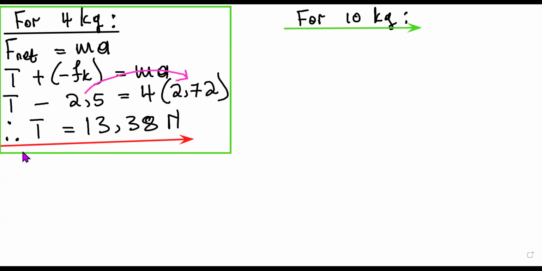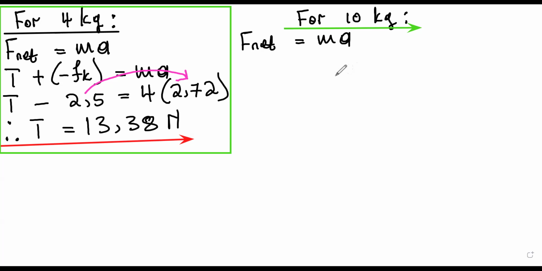We say, okay, fine, the net force that is acting on the 10 kg block, once again, is equal to MA. But now we have 3 horizontal forces acting on the 10 kg block, and there's only one force which is going in the direction of motion.